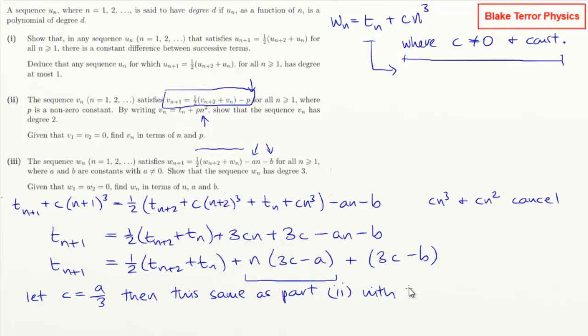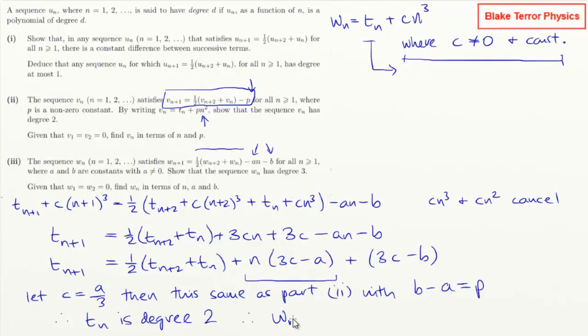So yeah, 3c is a, so we're saying that b minus a equals p. Okay, right, so I've fitted all those things together. So therefore we've got that T n is degree 2.